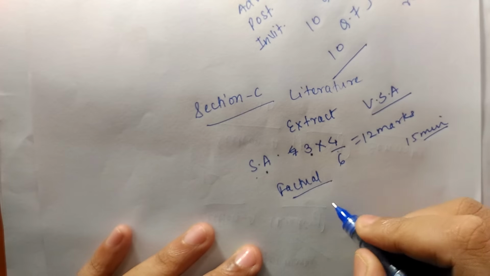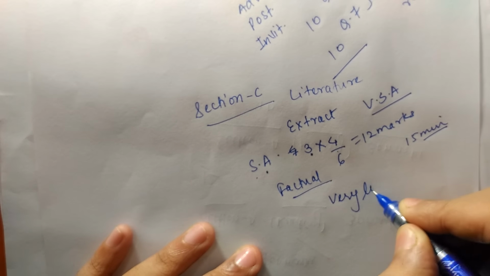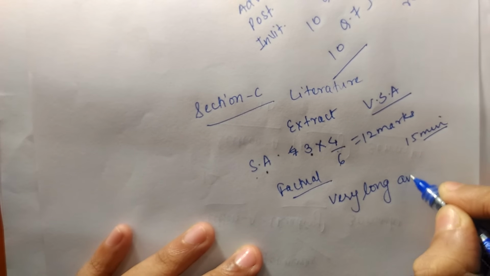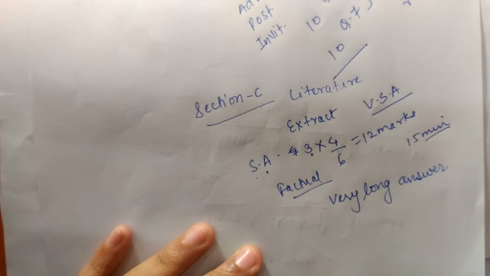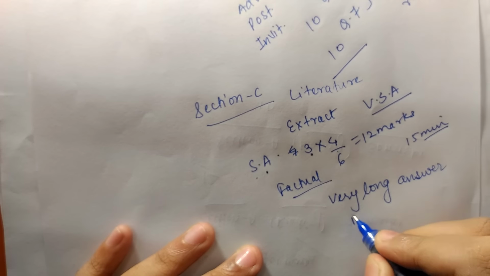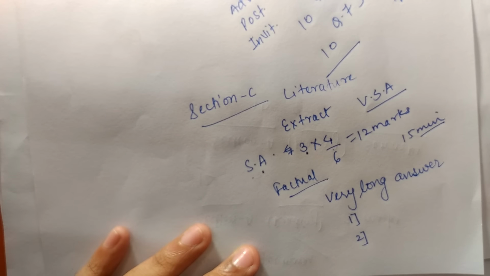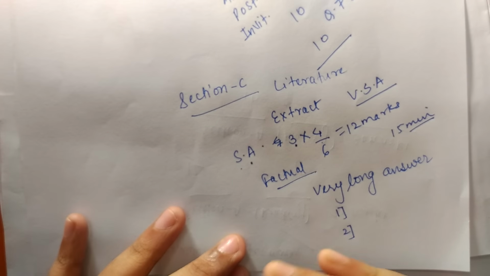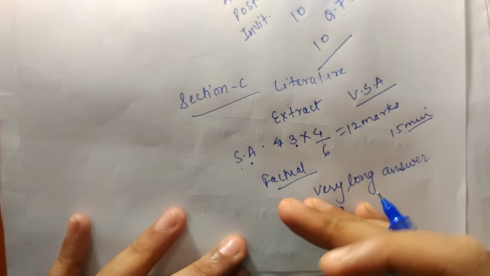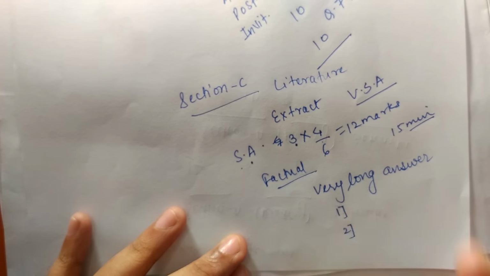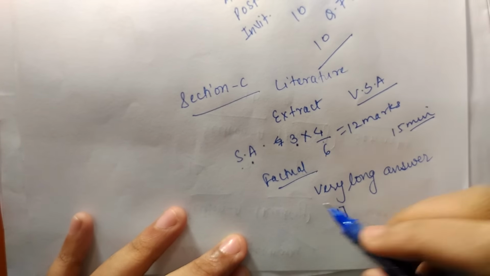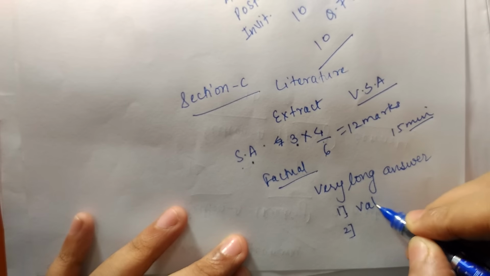The next 2 questions are very long answer type questions. These are again based on your text. Generally one question will be from Vistas and one question from Flamingo, though it can differ. The first question will be a value based question.